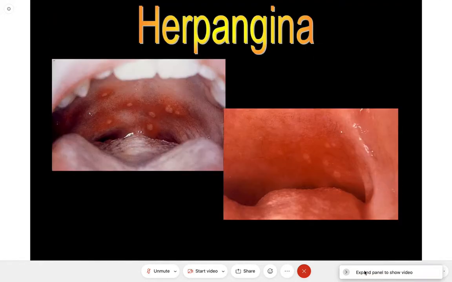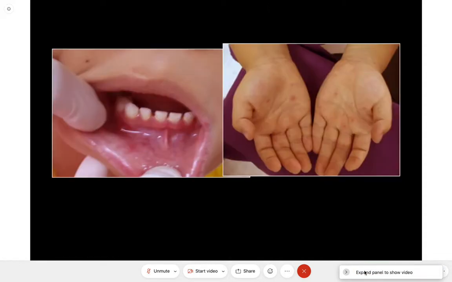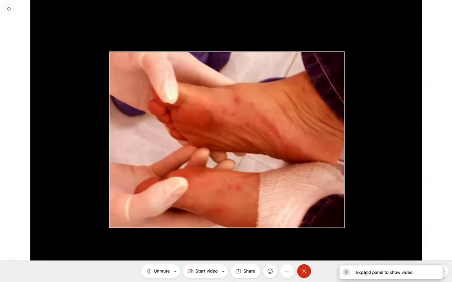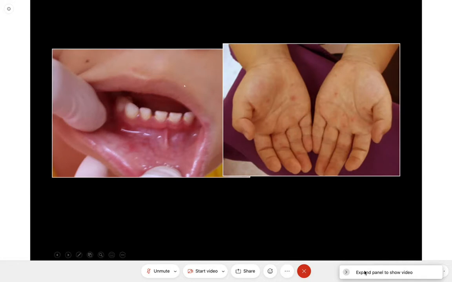This is also herpangina, so the severity is different in each patient. And with different strains of Coxsackie virus, the patient can get herpangina many times during their childhood. Another disease caused by Coxsackie virus. You can see small round oral ulcers like that in the oral cavity in children.